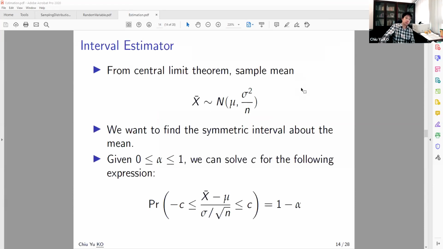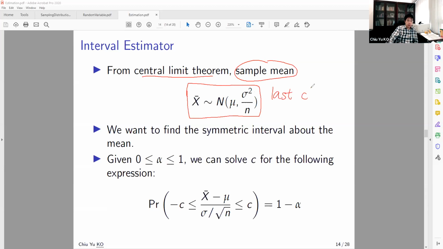Now, we learned from the central limit theorem that the sample mean will follow a normal distribution with mean mu and variance sigma squared over n. This is something from last class. We discussed that X bar is an unbiased estimator.